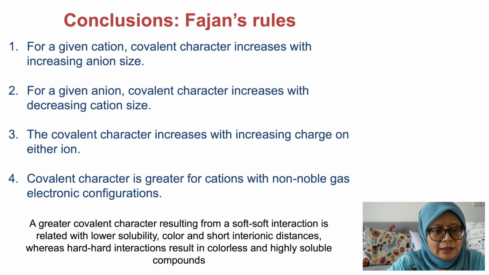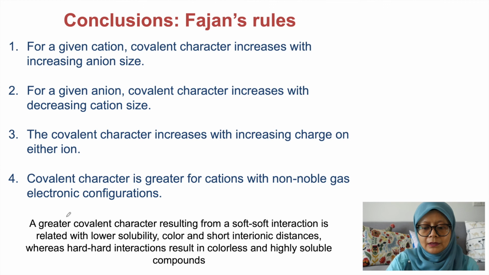It actually reflects point number 1 and point number 2. And covalent character is greater for cations with non-noble gas electron configuration. This is actually related to point number 4.